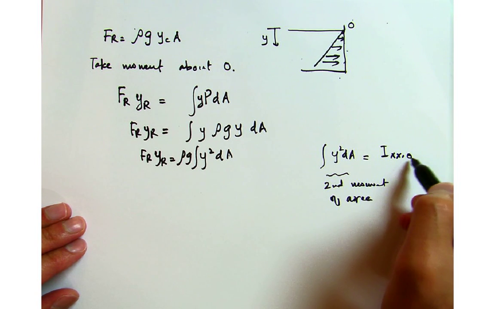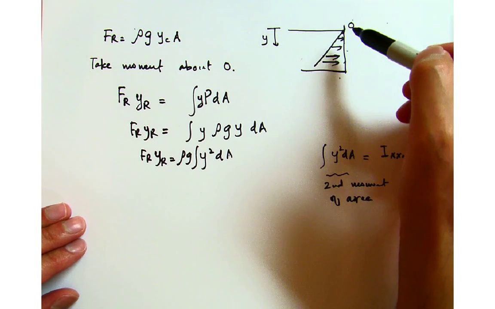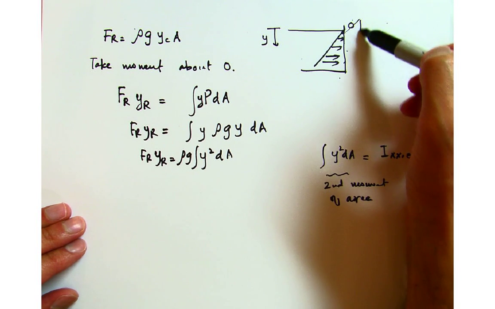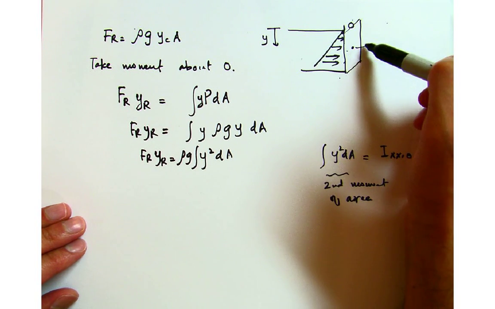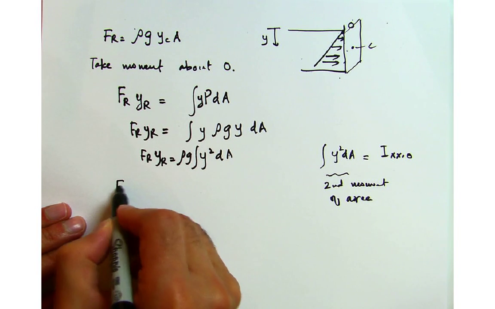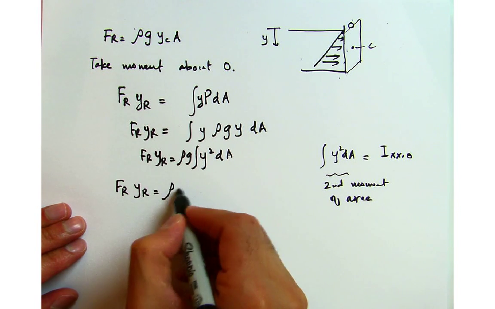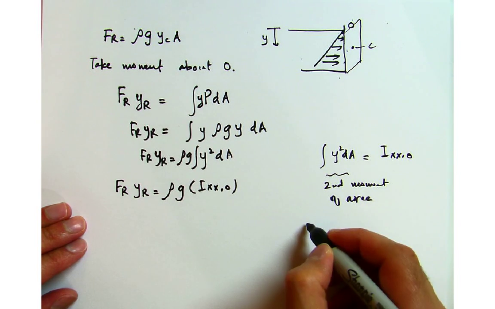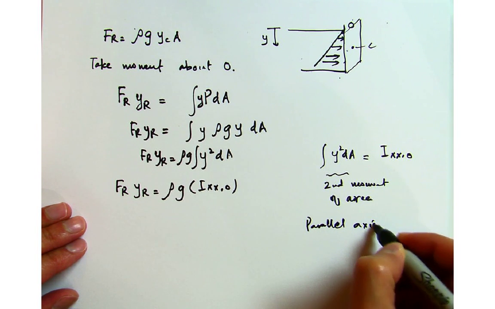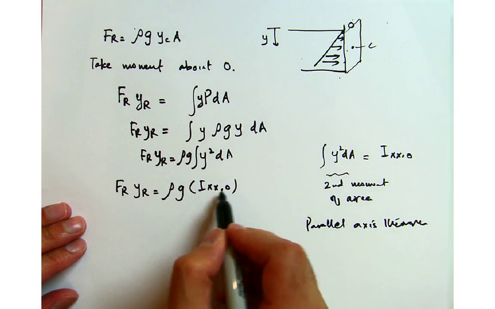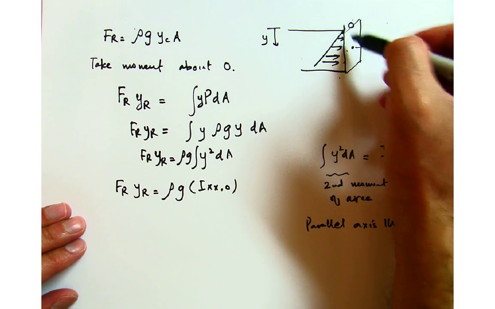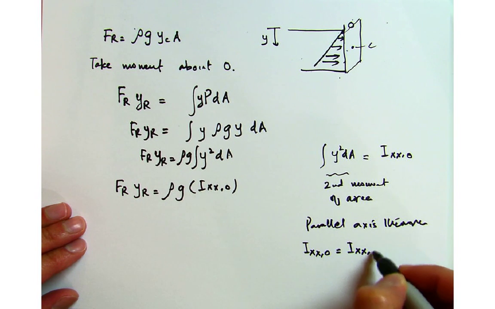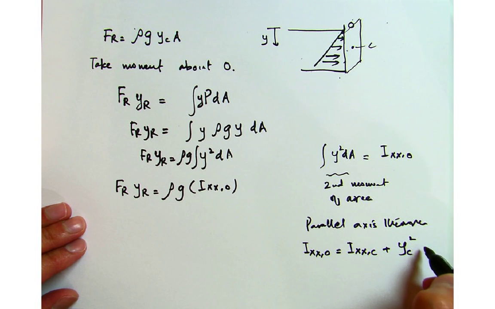The reason we have this O is because this is the second moment of area with respect to this point O. But we will use the parallel axis theorem to find the second moment of area about the centroid, which is this point C. So for now, F_R y_R is equal to rho g I_xx,O, and I'm going to use the parallel axis theorem to move this second moment of area from point O to point C. I can write this as I_xx,O equals I_xx,C plus y_c squared A.